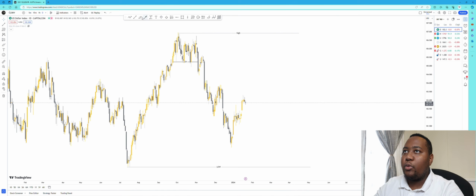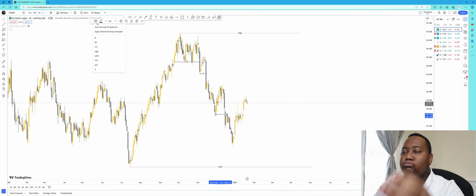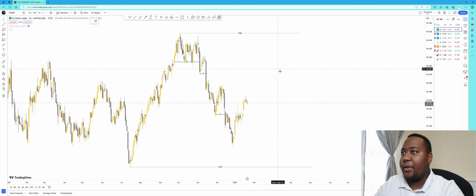From then on, we can see structure taking place here with lower lows and lower highs. As you can see, all the way here, we have all the breaks of structure that are taking place. I'm just going to label the relevant ones, not the small pullbacks that we have over there.